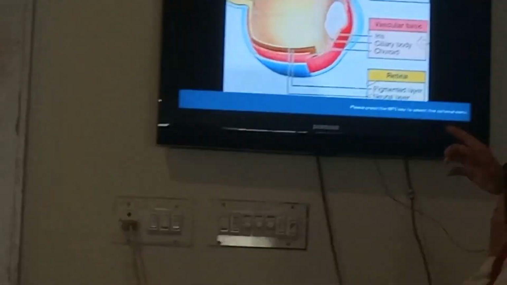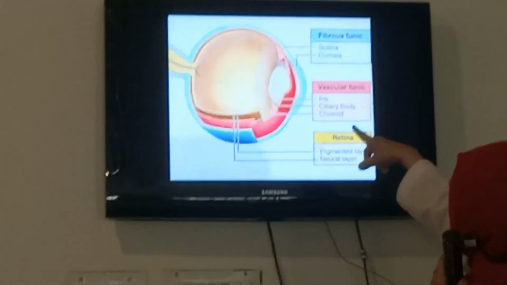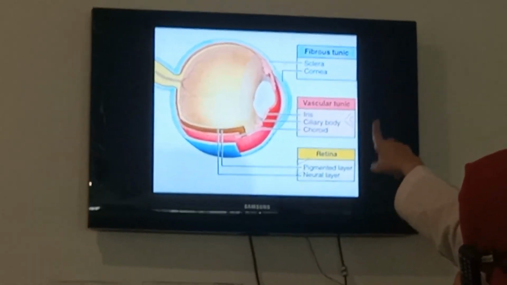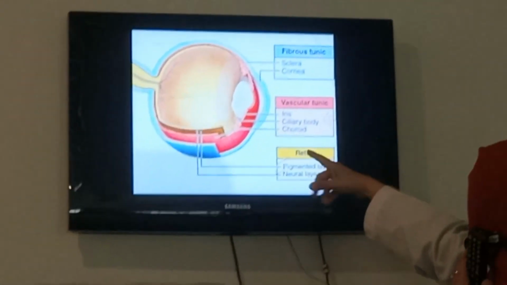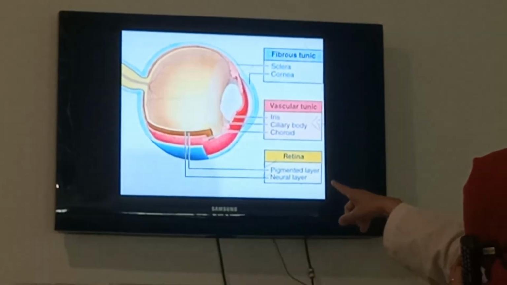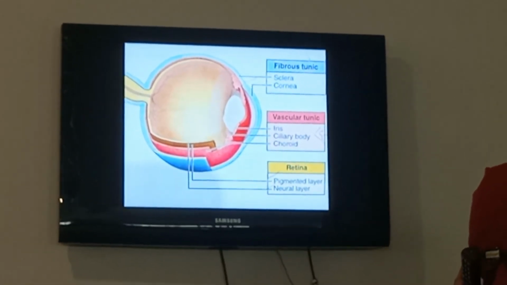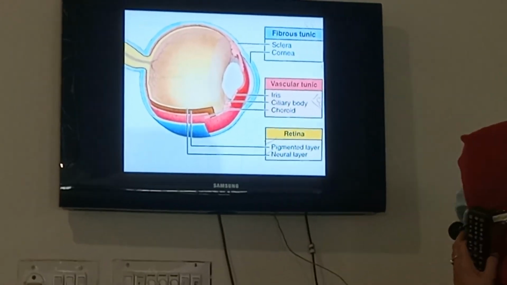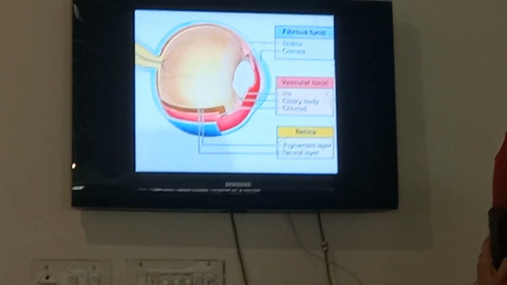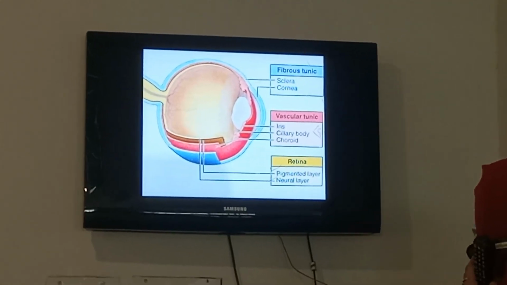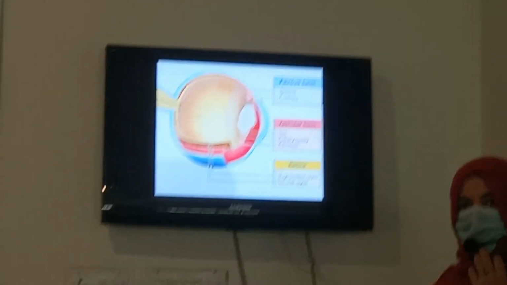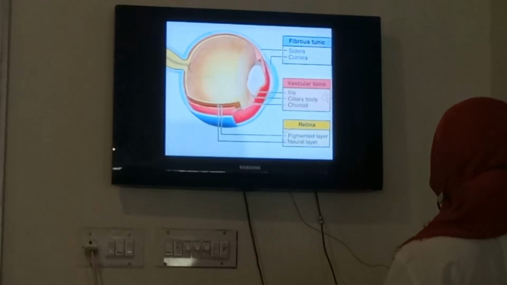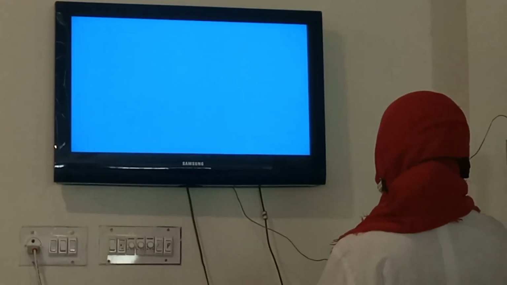So I think that the fibrous tunic consisting of your cornea and sclera you are looking into. Then you can see the middle vascular tunic consisting of iris, ciliary body and choroid, right? Well, vascular layer it is. Then you get the retina, right? Where the image is being formed. So after that we'll see the real slide.